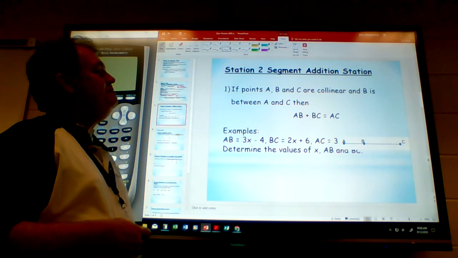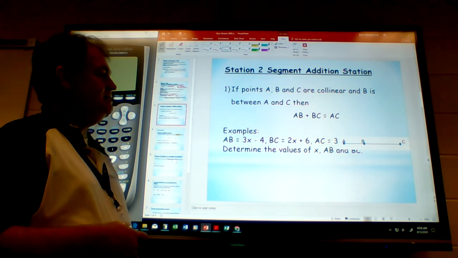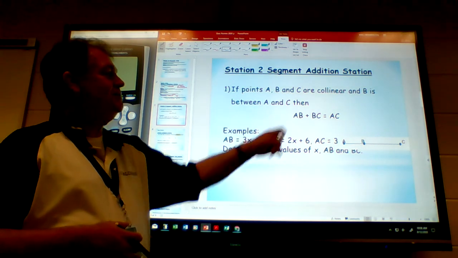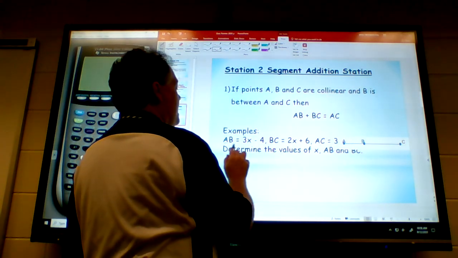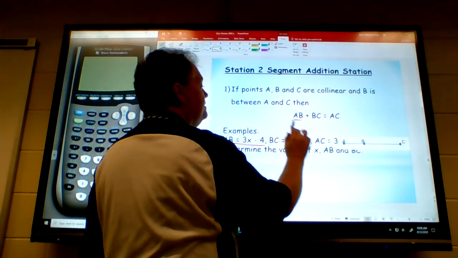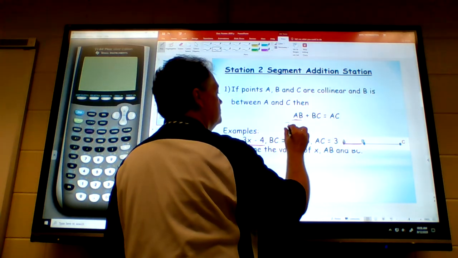Okay. A, B, and C are collinear, and B is between A and C. So therefore, AB plus BC equals AC. Now, AB, I'm going to underline and highlight here in red. 3x minus 4.